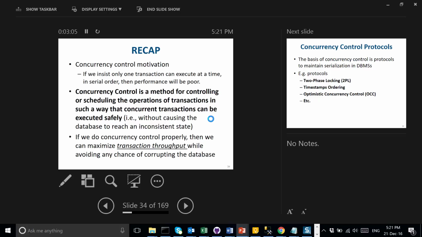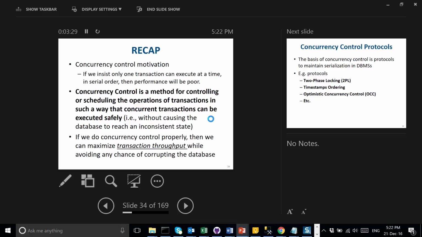To avoid these inconsistencies and keep our database in a consistent state and our data safe, we have to have some mechanisms. The database management system needs a concurrency control manager that will control this concurrent usage of the database.